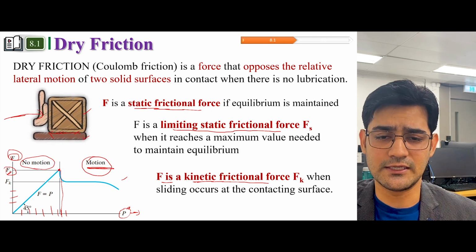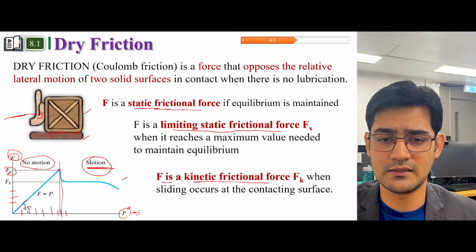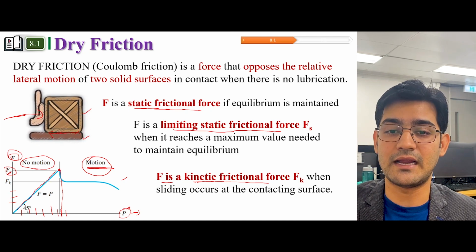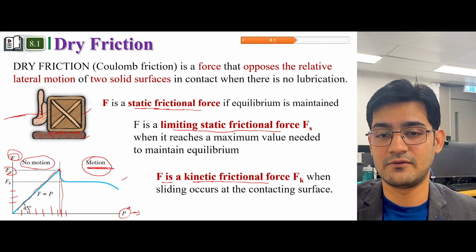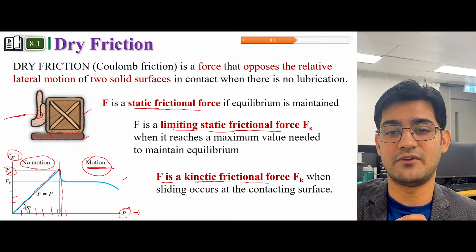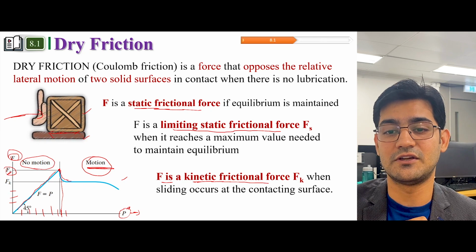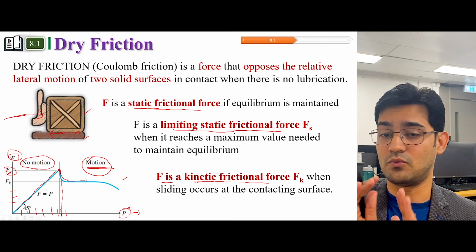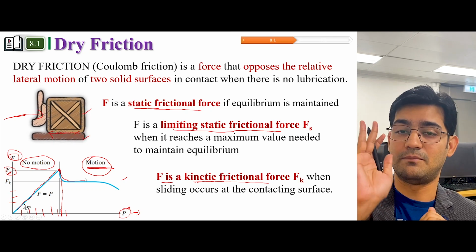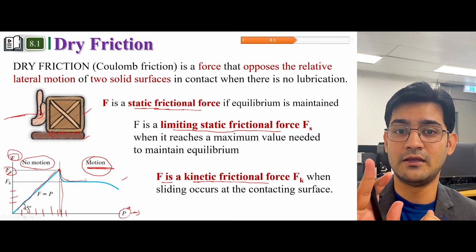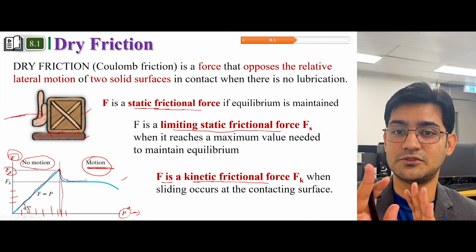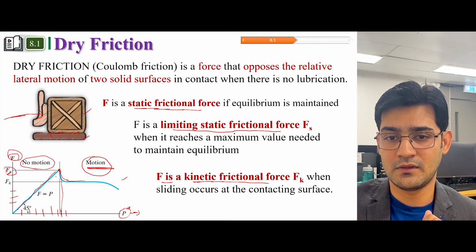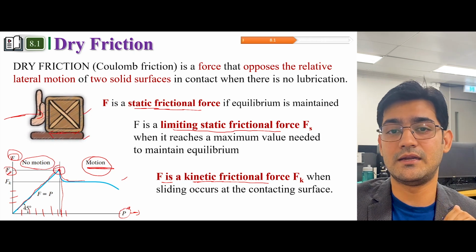So why this is important is because you can see if you keep on applying the load, you will have an increase in the frictional force, but at the point you have the maximum limiting static frictional force, your frictional resistance will decrease. So it has some implication. For example, when you're applying a load on a rigid body, if it's in a static position, in order to move that load you need a higher applied load.